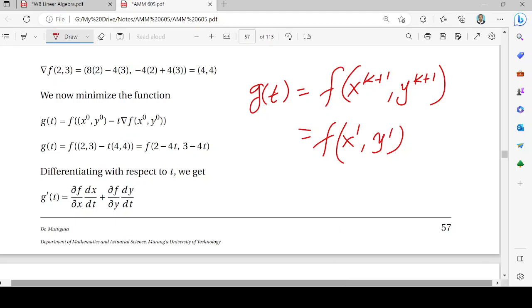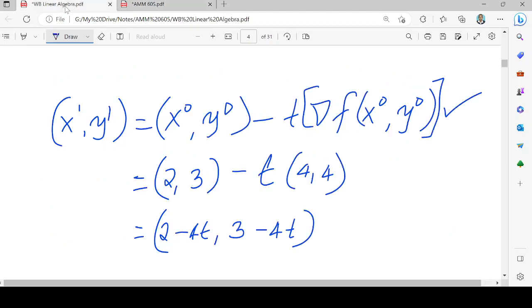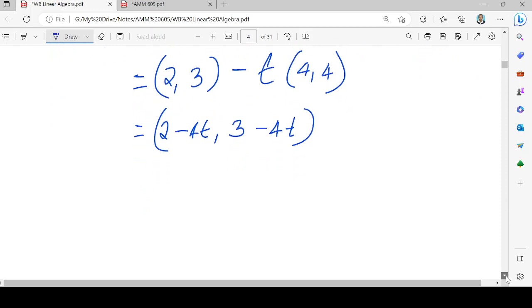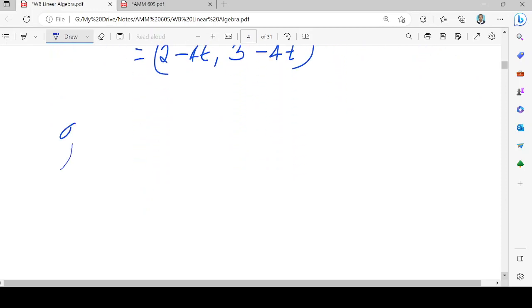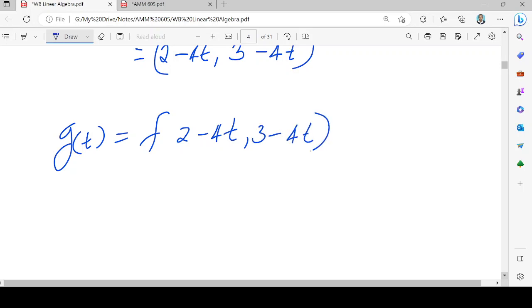So we write, in this case, g of t is equal to f of 2 minus 4t, which is the x component, and 3 minus 4t.